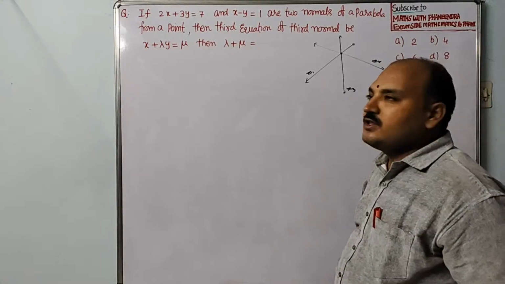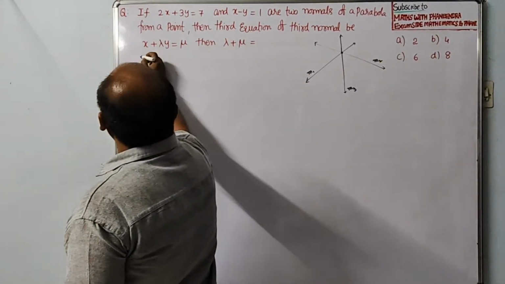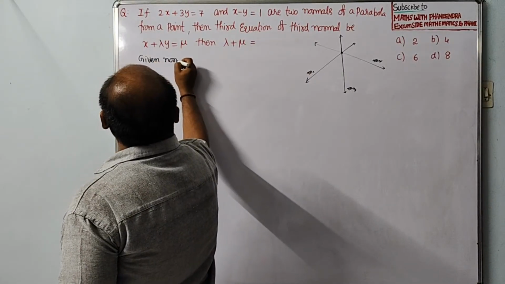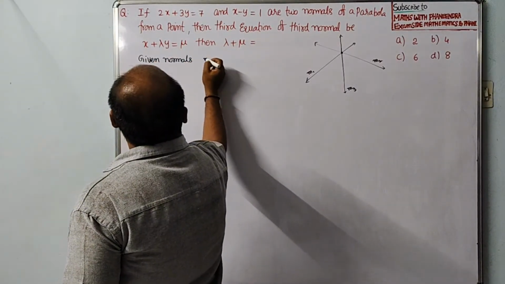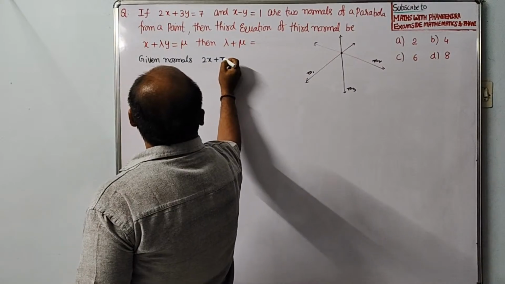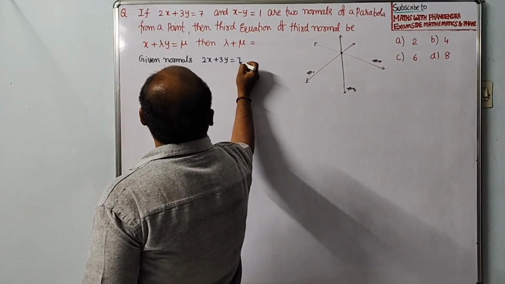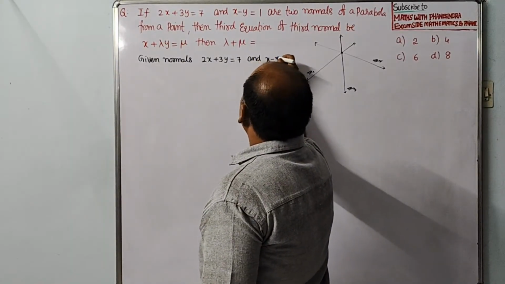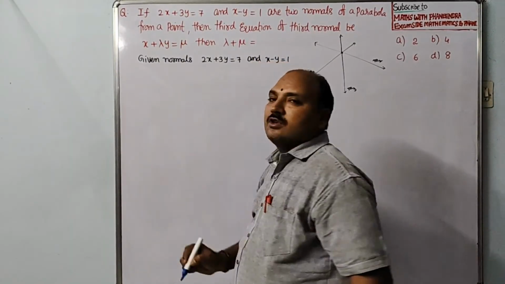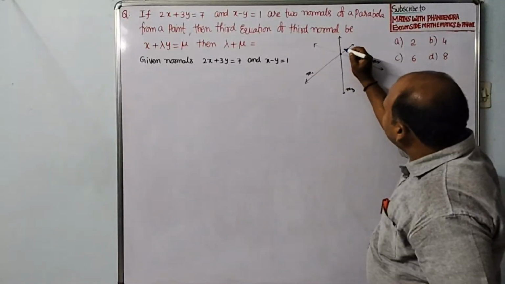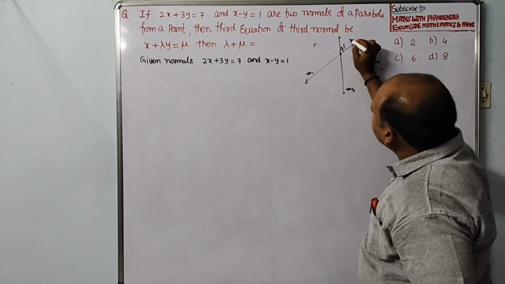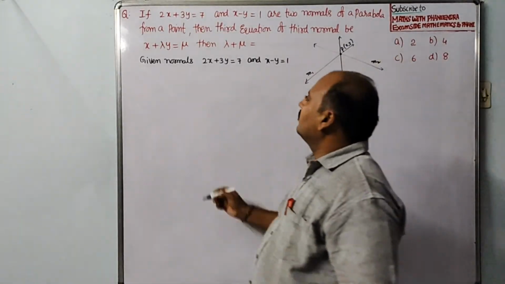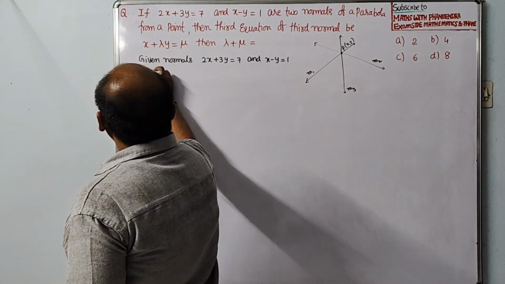So solving these equations, the given normals 2x plus 3y is equal to 7 and x minus y equal to 1, you will get this point P of x comma y.